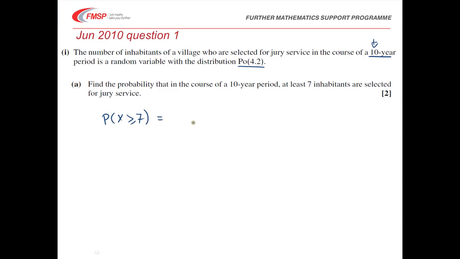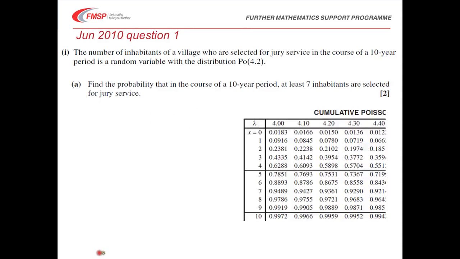Now we have cumulative tables for these, so we need to be able to turn this around in the same way that we would with the binomial so that we get cumulative probabilities. So we're looking for really the probability of x being less than or equal to 6. So we look at 4.2 as your value of lambda, and we're looking up 6 as my probability. So we have tables and this is great.